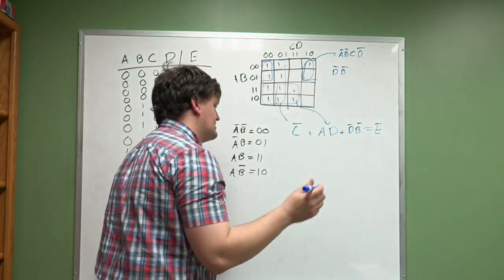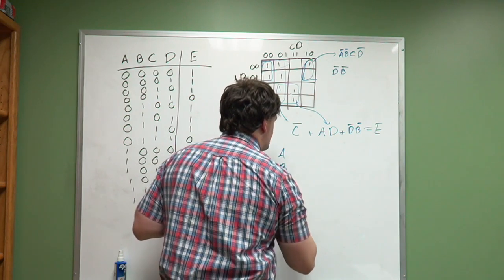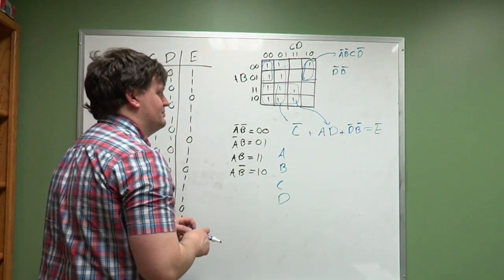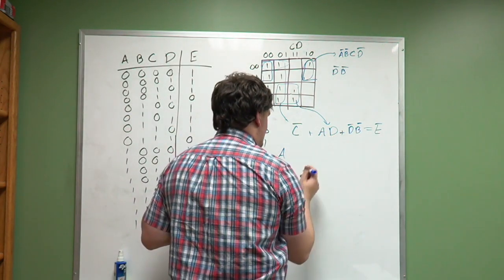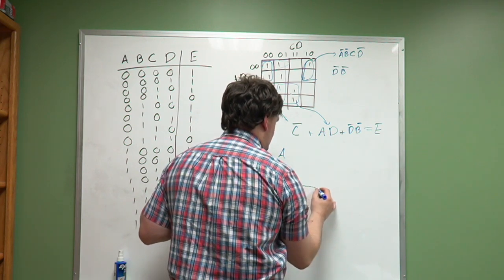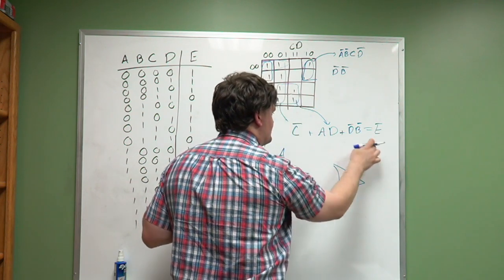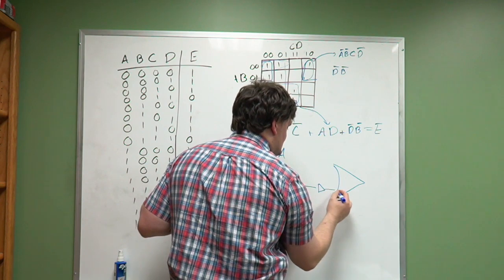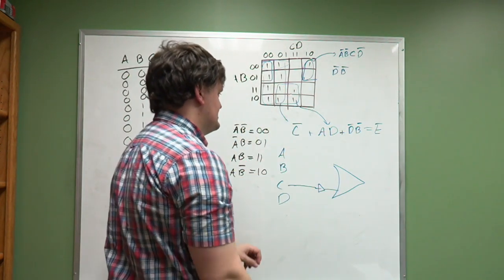If we're going to write this out, we have our A, so here we have our AND gate together. One of those is C naught. Okay, so now we represent C naught.